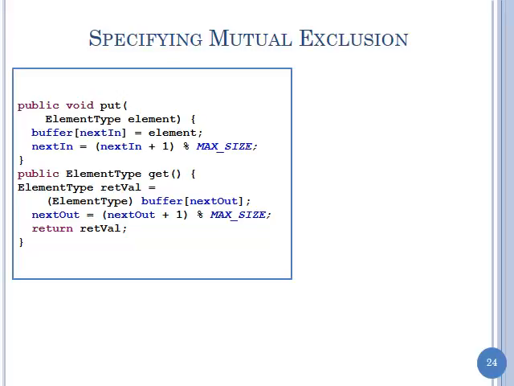Put puts something at the next in position, and get gets the value from the next out position. If I want to specify just mutual exclusion, forgetting about worrying about empty buffers and full buffers, what path expression do I need?